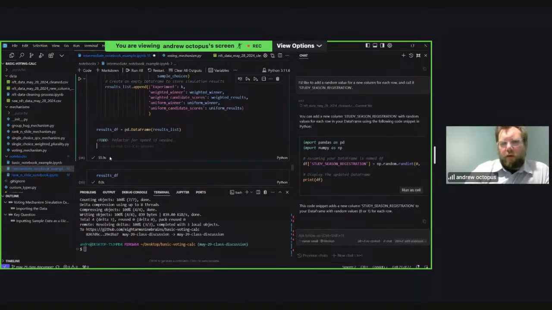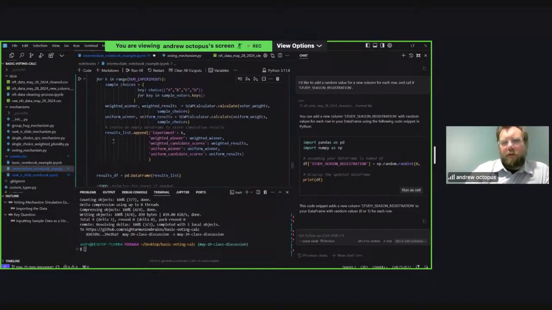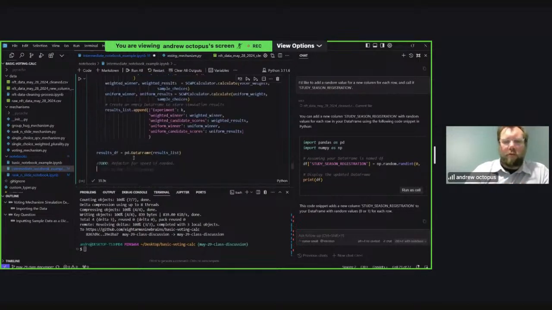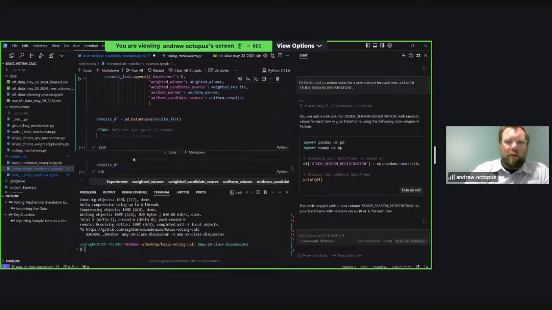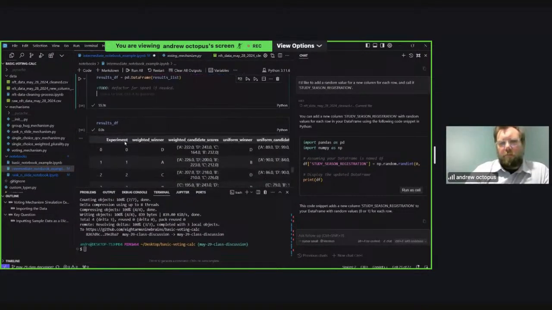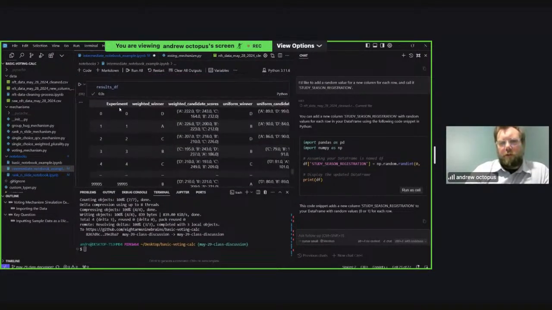It took about a minute to run 100,000 experiments, which, you can go get water or something. If you run it longer, it might take longer. And this is what the output looks like. So it tracks the experiment number and who the winner was under each process.